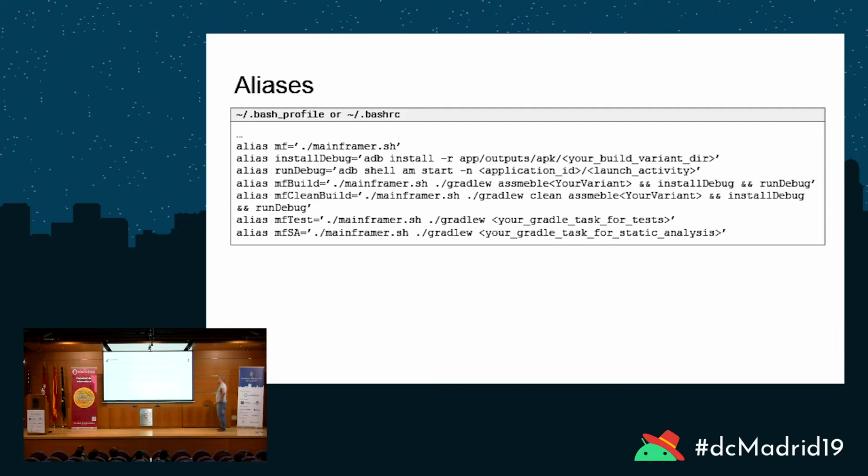So I have some common ones, but you will end up creating your own depending on how your project is, right? Or your projects. So I have one that is Mainframer test, MF test, but you might call it MF unit test, or for static analysis you might have lint or whatever you have.